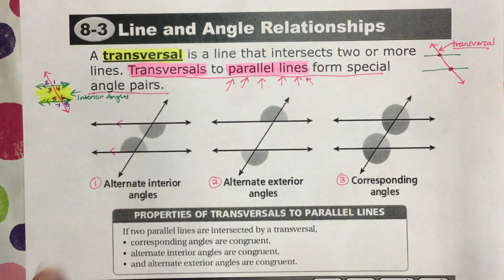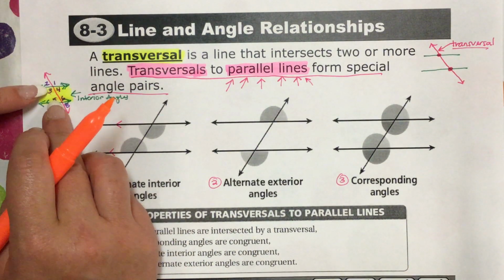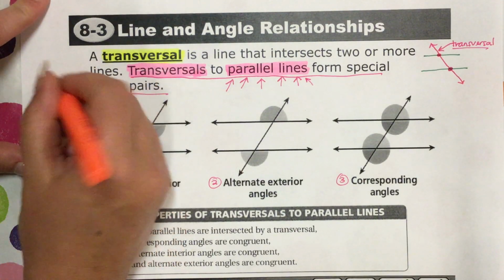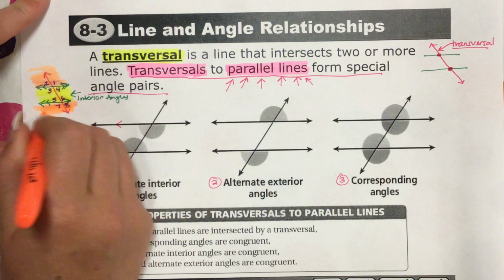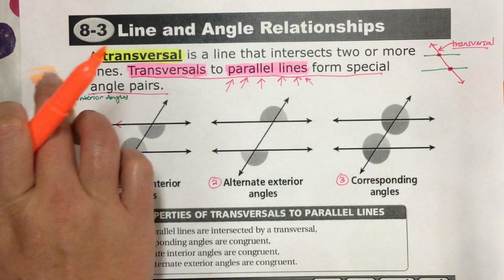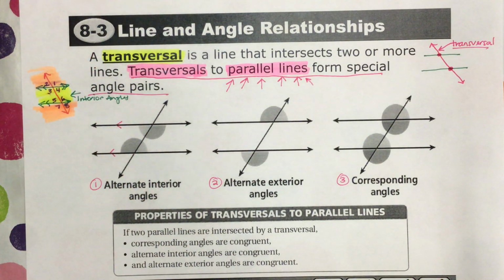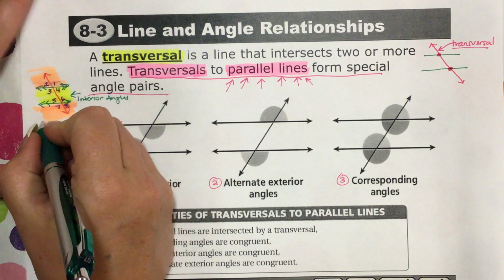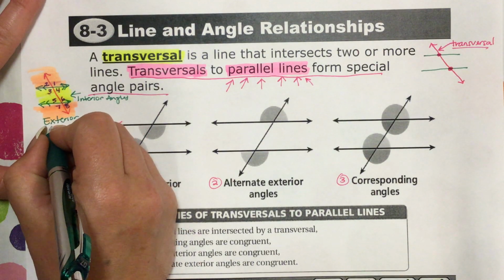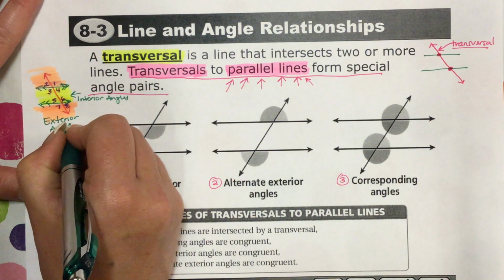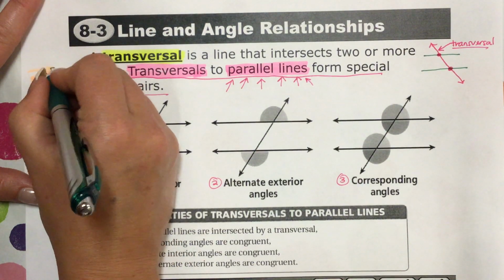Okay, so inside would be interior angles. And then outside of the parallel lines, if this is inside the parallel lines, outside the parallel lines would be out here. This is outside the parallel lines. So 1, 2, 7, and 8. Those are called exterior angles. So we have exterior angles out here, and we have exterior angles out here.